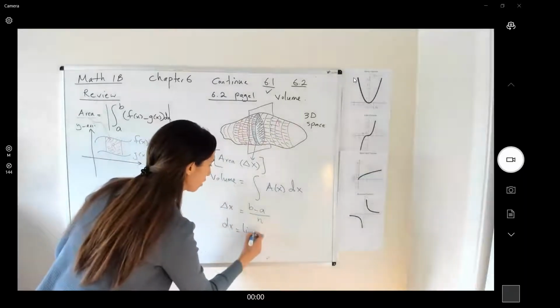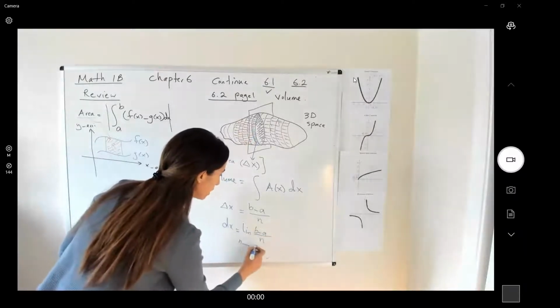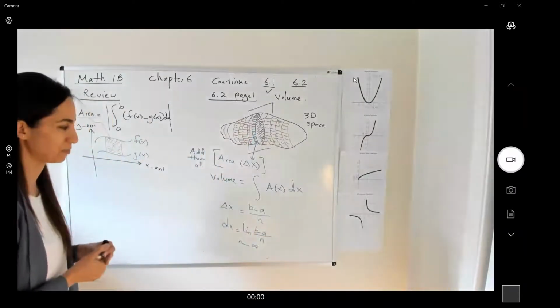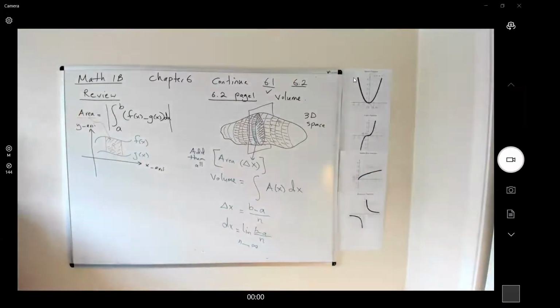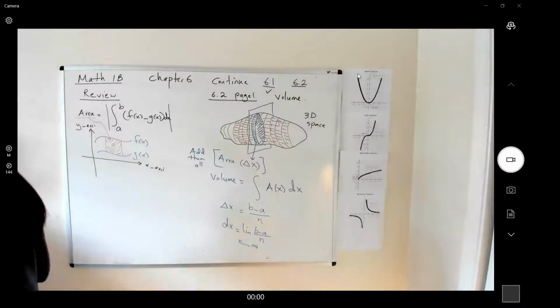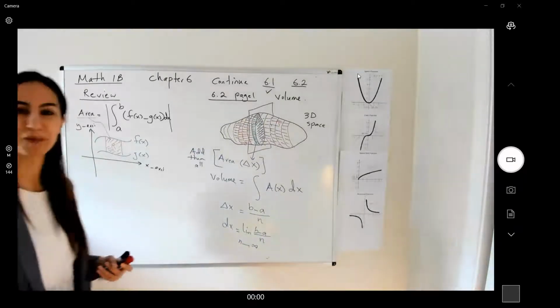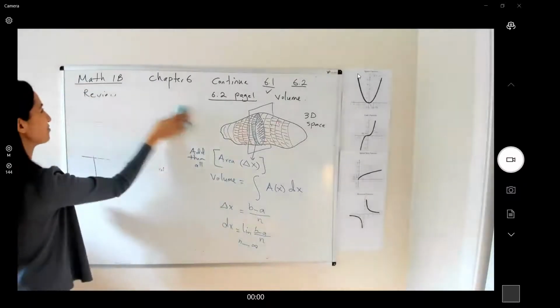The limit of b minus a over n, while n goes to infinity. Let us go over some examples to feel comfortable about this new formula.